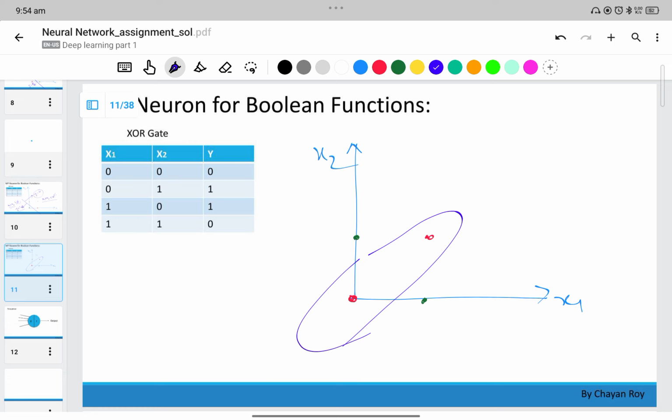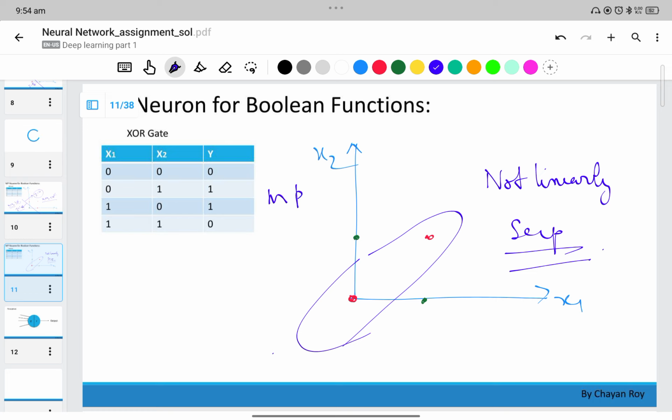So this is not linearly separable. We cannot differentiate between these two using a single line. So that's where this MP neuron fails.